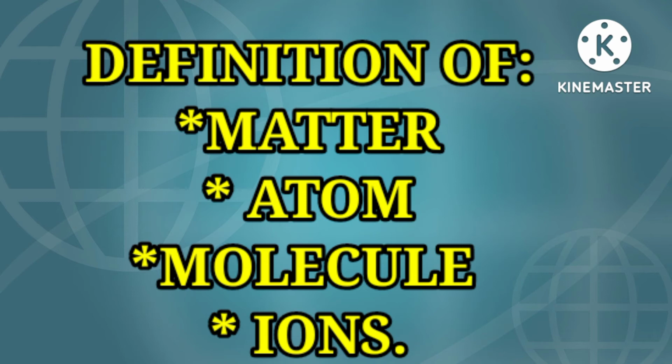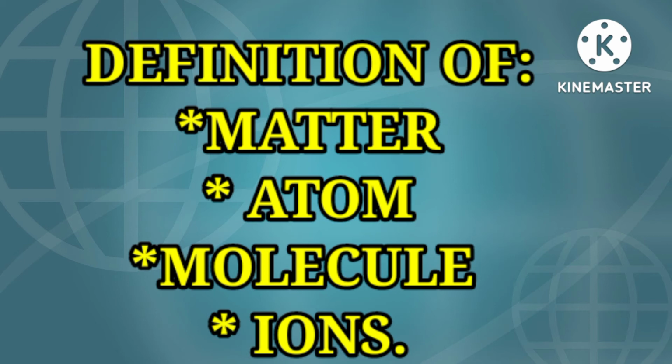Atoms are the smallest possible particles of an element that could exist and still possess the chemical nature of that element. Atoms of different elements have various shapes. Remember that.